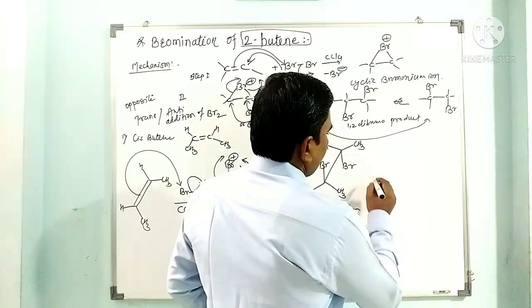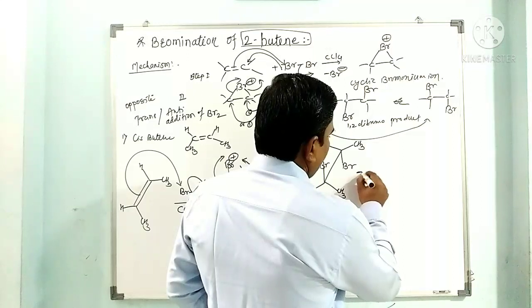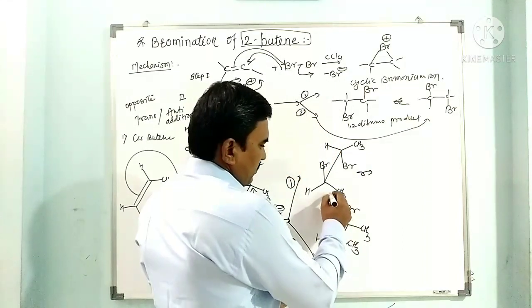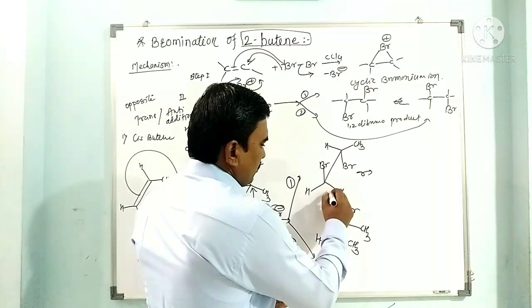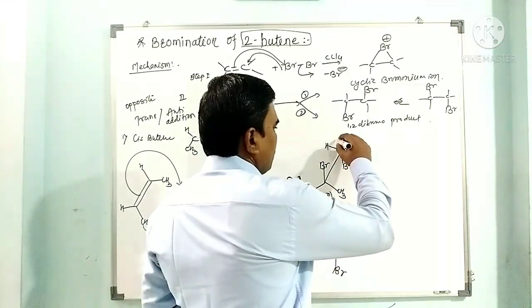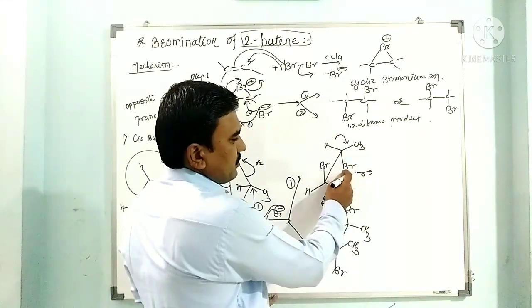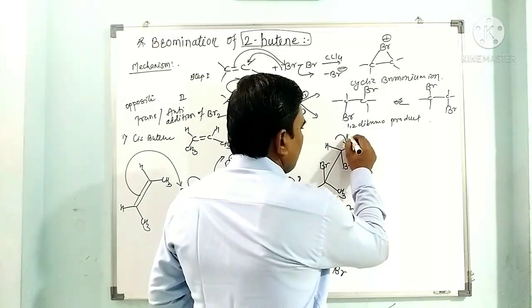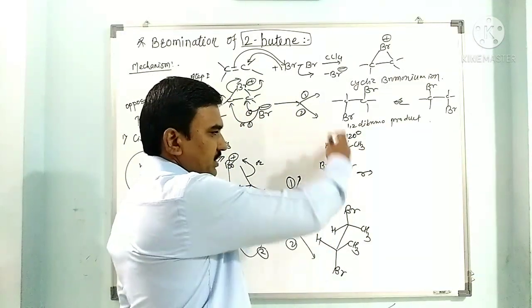So when we are rotating this, we have to place this methyl group here. We have to rotate this carbon by 60 degrees, and this carbon by 120 degrees, because we have to keep both the methyl groups on the down side.